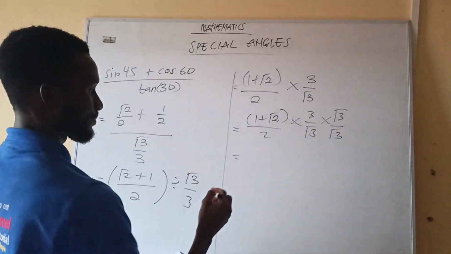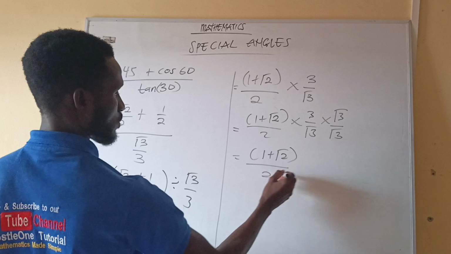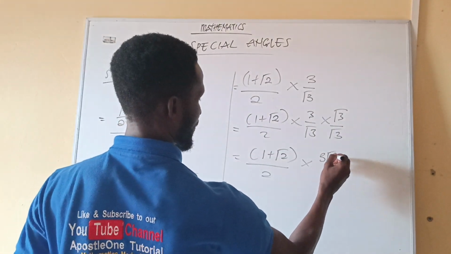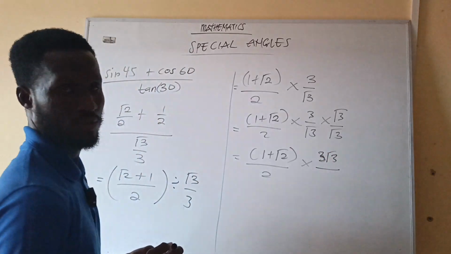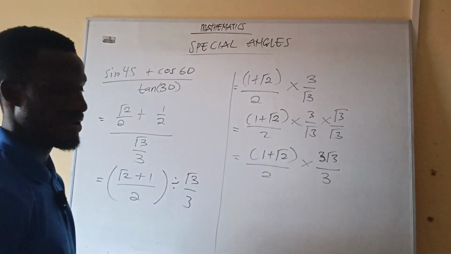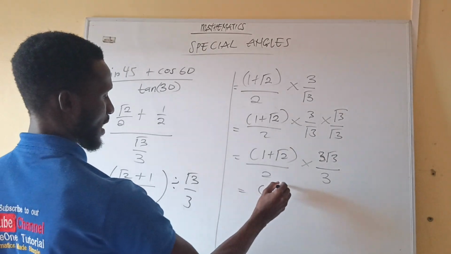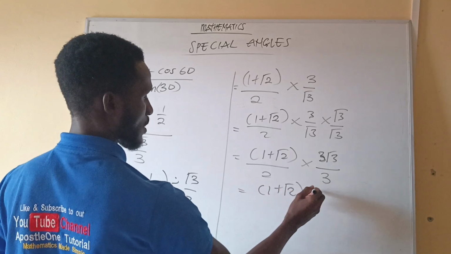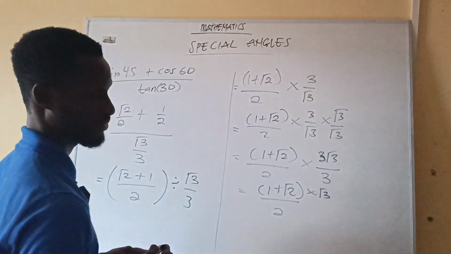So I'm going to get 1 plus root 2 divided by 2 times root 3 times root 3, which will give us 3 root 3. Root 3 times root 3 will give us 3. So what happens is that this one and this one will cancel. So you're going to have 1 plus root 2 multiplying root 3, all divided by 2.